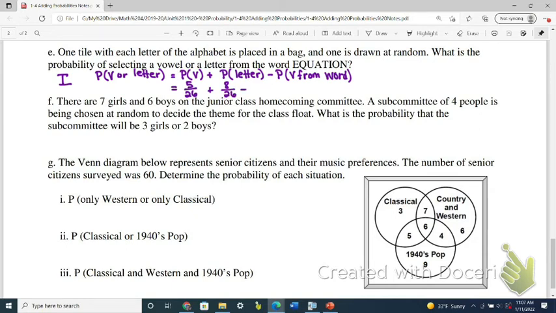And the word equation happens to have 5 vowels in it. So this ends up being 8 over 26, which is 30.8%.